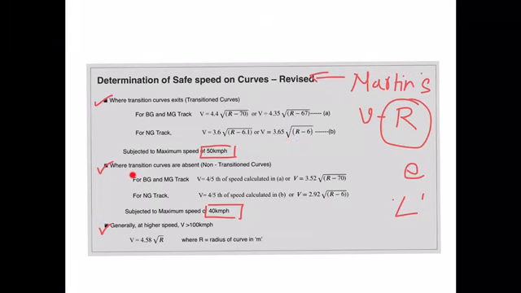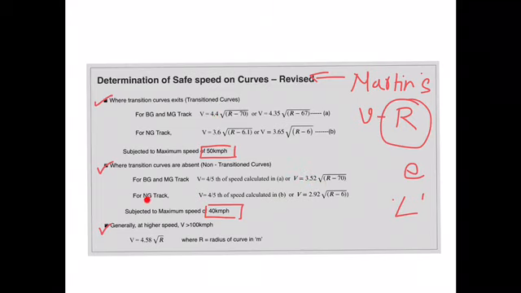Similarly, if the transition curves are absent, the speed value has to be decreased to 4/5 of the speed calculated in the presence of the transition curve. So that value can be taken as 4/5 of 4.4, and the value is reduced to 3.52.